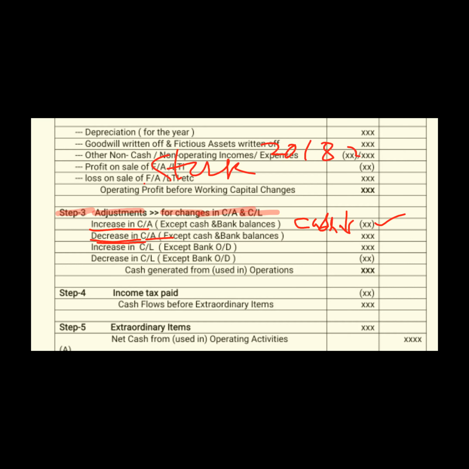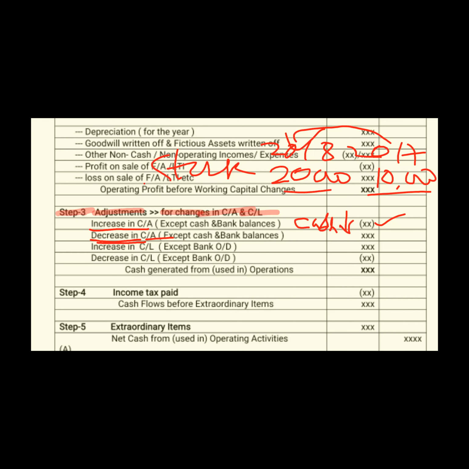Stock in 2018 is 20,000 and in 2017 it is 10,000. Is it increasing or decreasing compared to the previous year? In 2017 it was 10,000, now it has become 20,000. Increase. Yes, when current assets increase, take it as minus, by the amount of the increase. From 20,000 if you deduct 10,000, the remaining 10,000 is the increase, and that difference amount you will take.